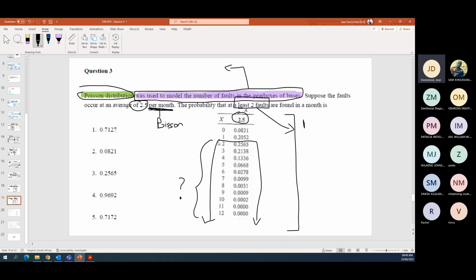So instead of adding 0.2565 and all of those together, I'm going to say 1 minus these 2, because then I will get this set of answers. You can still add all of that together if that is your preference, but for me, I'd rather just say 1 minus the other 2.